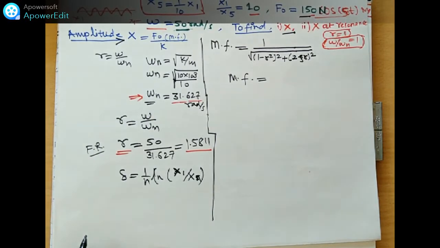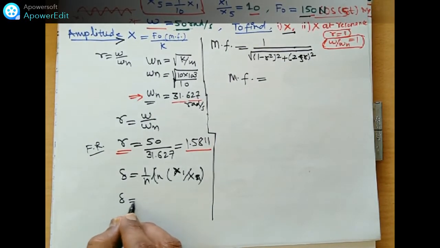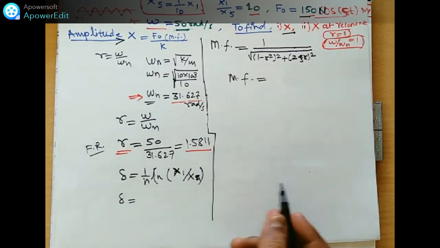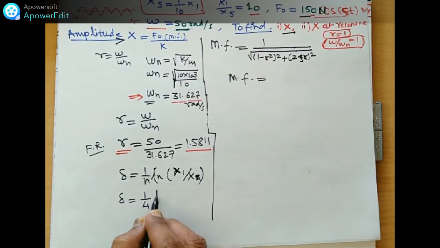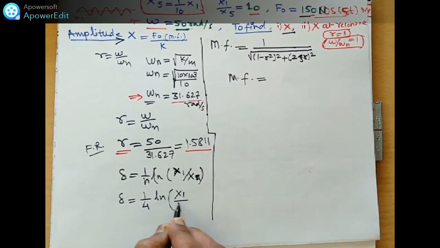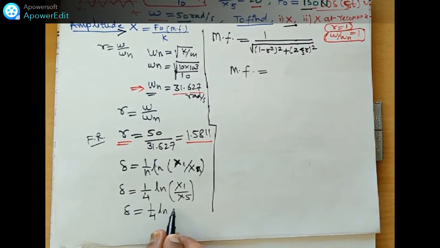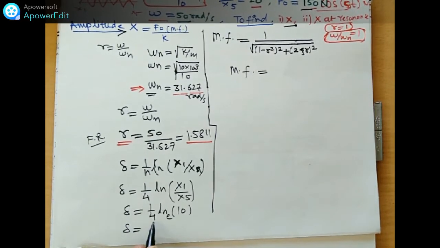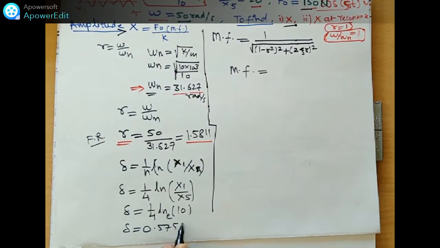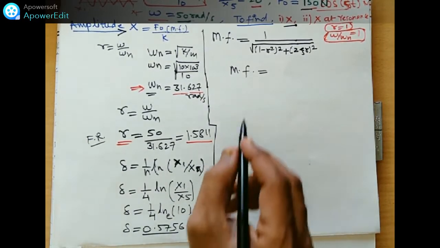So the number of cycles is 4, and x5 is the last term, so delta is equal to 1 by 4 ln x1 by x5, where ln means log to the base e. We get the value of delta as 0.5756.